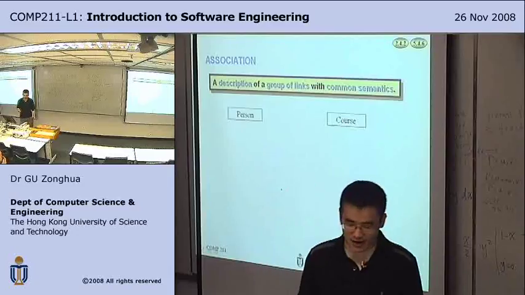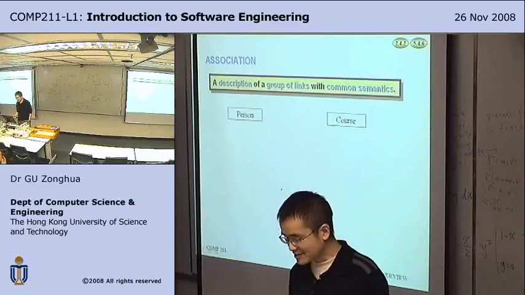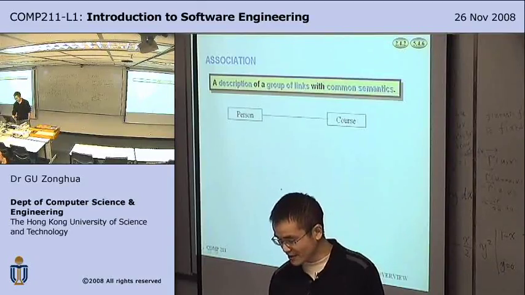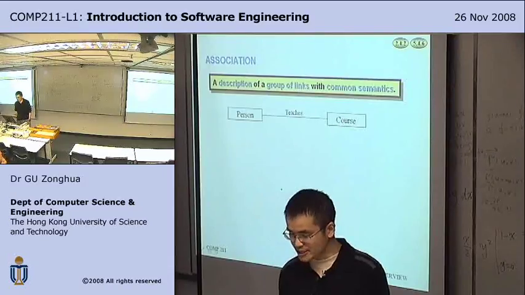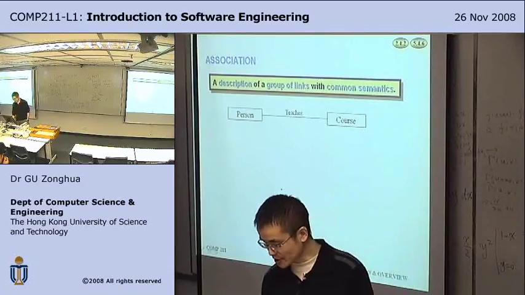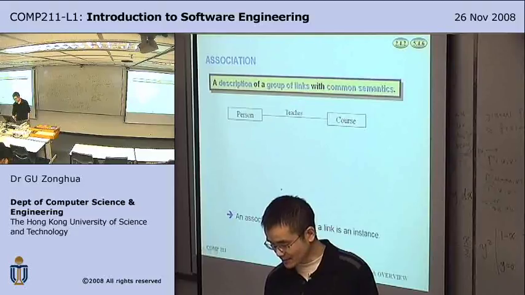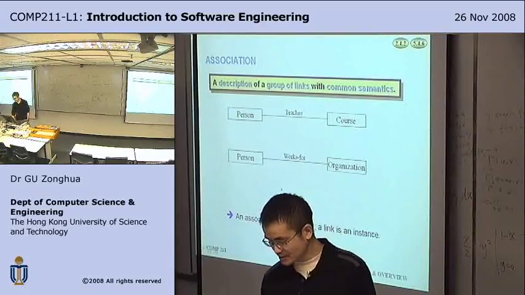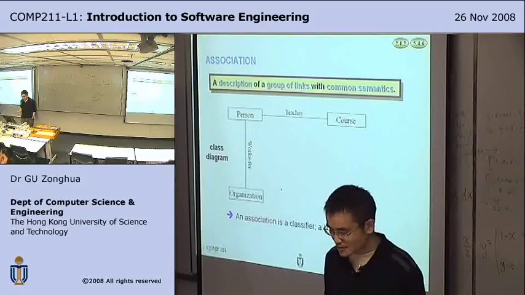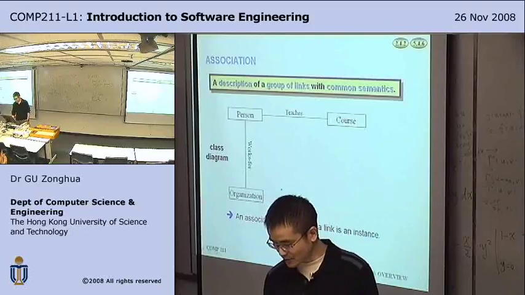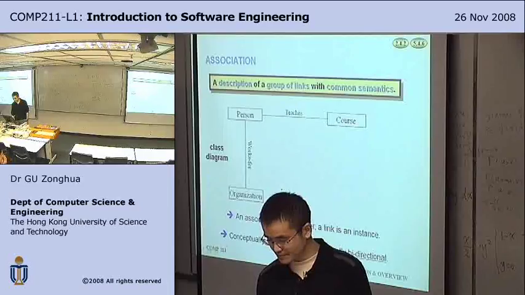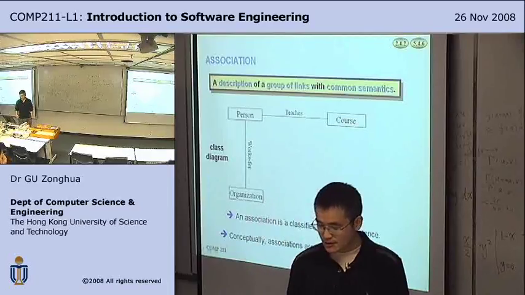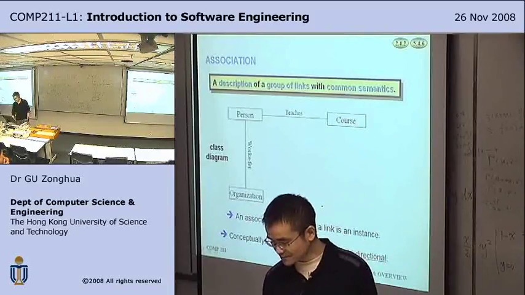Association is the classifier at the class level. So a person teaches a course, that's an association, and a person works for an organization, that's an association. In the class diagram, you draw the association as lines between classes. So they are inherently bidirectional.